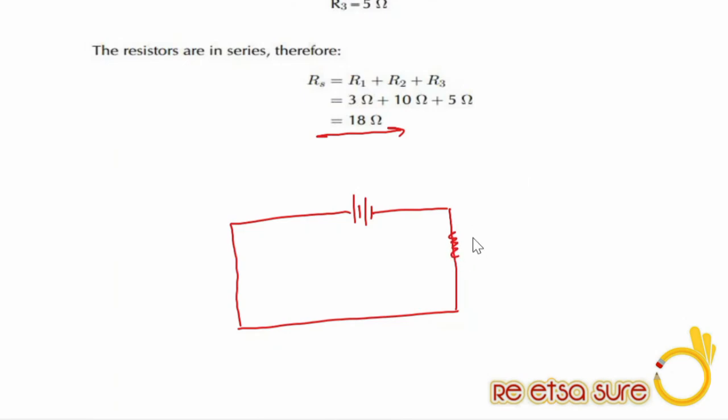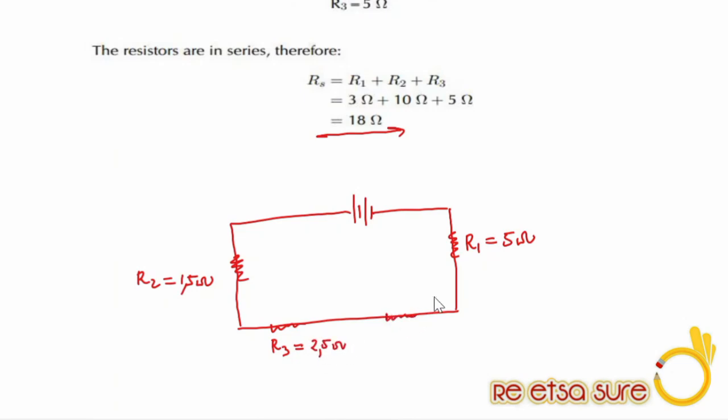I'm now having this. This is my R1, which is equivalent to 5 ohms. This one is my R2, equivalent to 1.5 ohms. And this one is my R3, equivalent to 2.5.